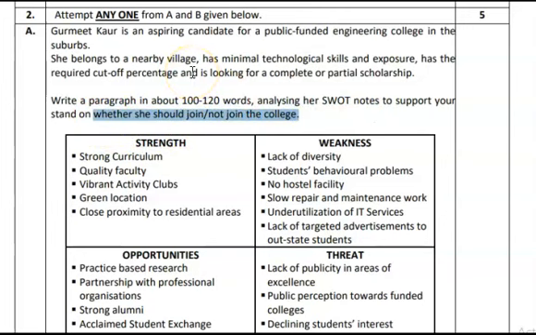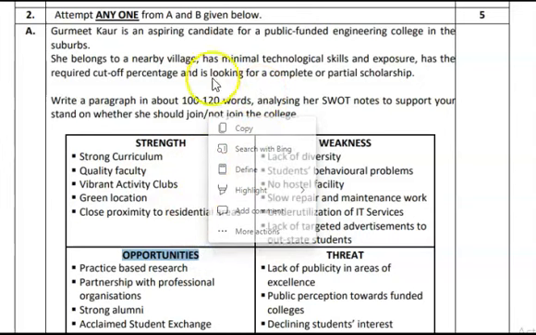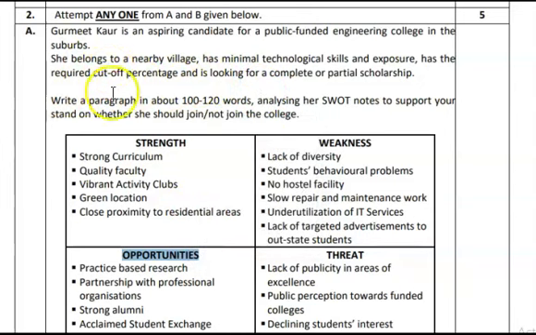Remember, this question can be written in two ways. If you think that Gurmeet Kaur should join the college, then you will be using her strengths. And if you want to highlight the negative side, that Gurmeet Kaur has not much technical knowledge, she comes from a rural background, then you will be going with the points given under weaknesses and threat.